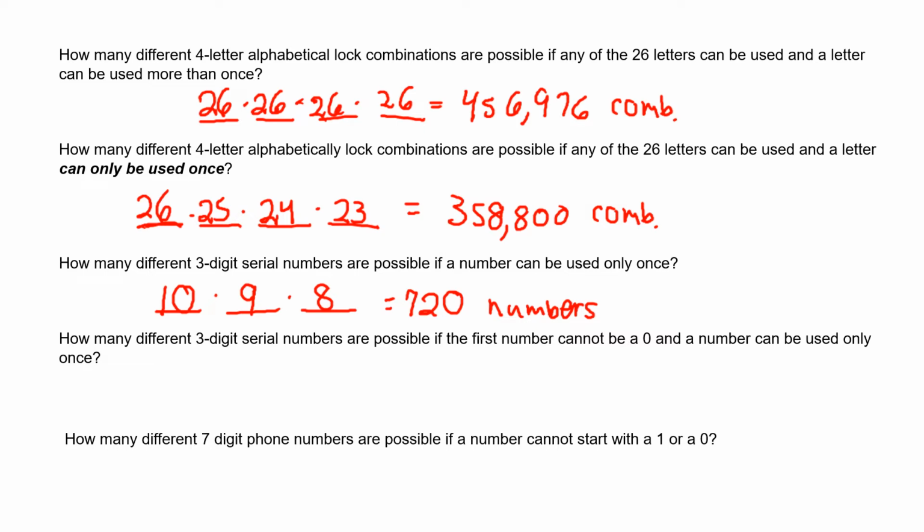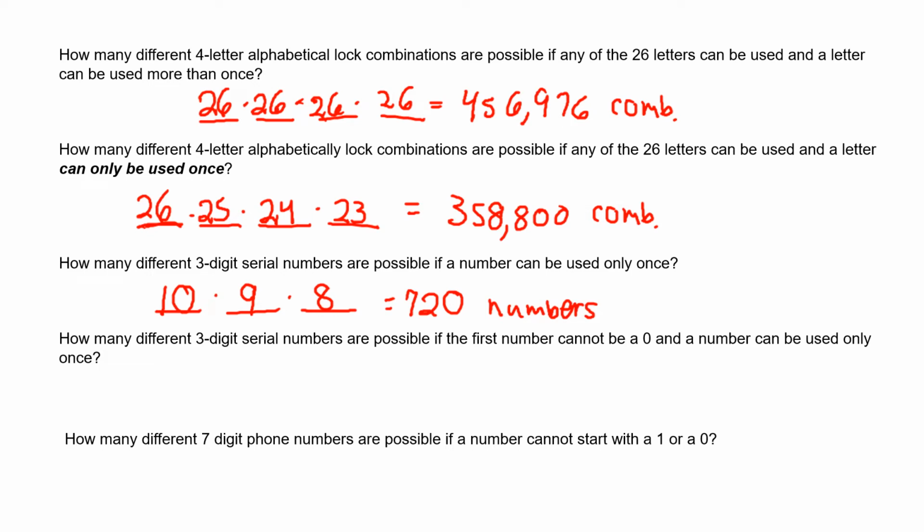So I would always caution you to look at it fresh each time, as I've just got these certain choices and I'm going to use the generalized product rule. Because this one says how many different 3-digit serial numbers are possible if the first number cannot be a 0 and a number can be used only once.